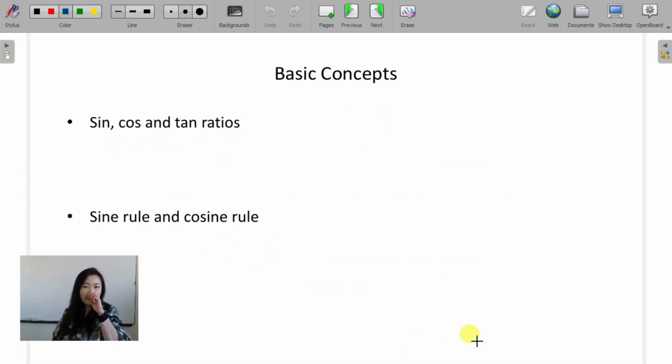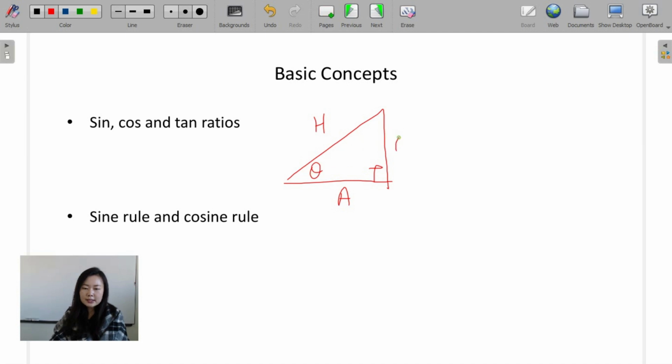Right. So before we look at problems, let's go back to the basics, the fundamental formulas that you should be aware of, hopefully. Firstly, basic right angle trigonometry. I'm hoping at this stage we know what sine, cos, tan stand for. In a right angle triangle, the longer side is the hypotenuse, the side next to the angle is adjacent, and the side opposite is opposite.